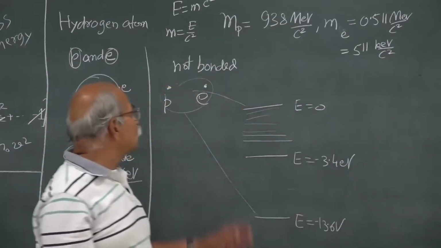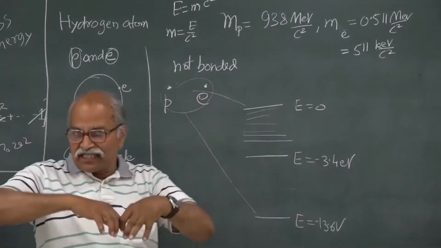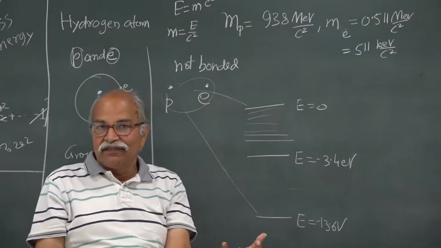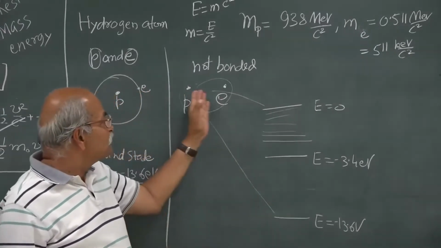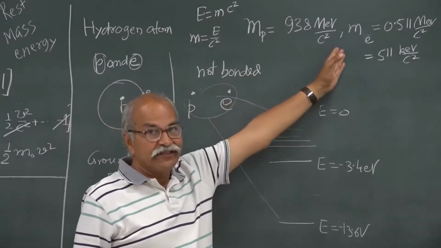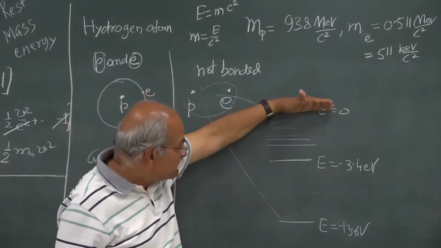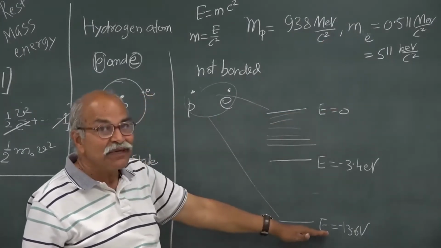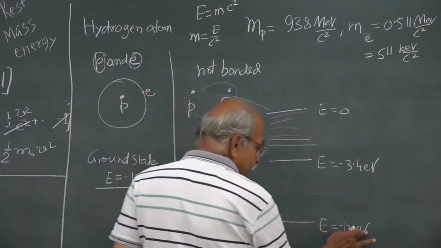So, if you have a proton and an electron which are separated from each other, no bonding, it is not a hydrogen atom, then the rest mass of this combination will be this plus this. But if it is 0, then this energy is minus 13.6 electron volt, right.